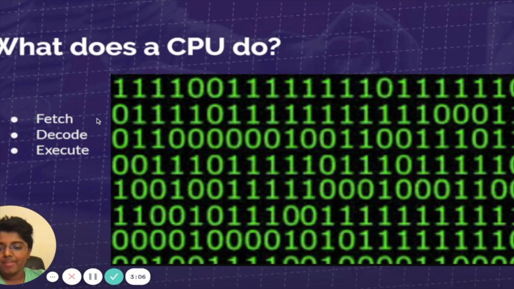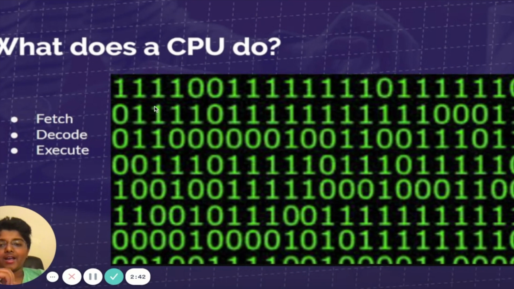So yes, it decodes the data. It fetches it from the RAM, which comes in ones and zeros, decodes it, which makes it into English or whatever language you're using, and then it executes it.